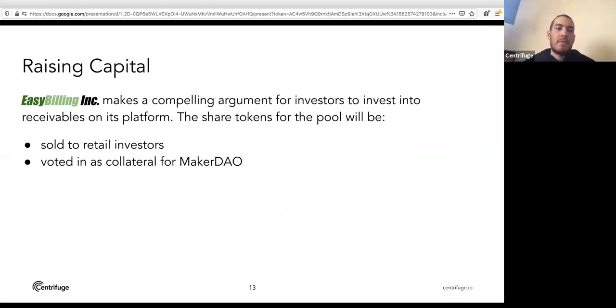As a next step, Easy Billing needs to raise capital. There are many different ways you can raise capital. Essentially, what Easy Billing wants to do is get investors to invest in Drop Token and in Tin Token. Easy Billing says, as a sign of good faith, or as a sign of confidence in our own assets and in our business, we're actually going to invest some of our own money into the Tin Token.